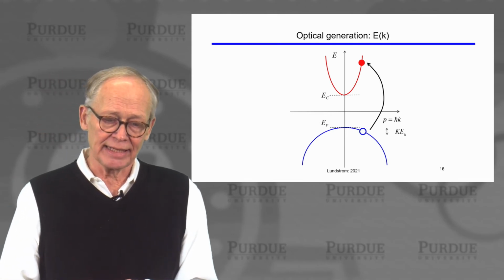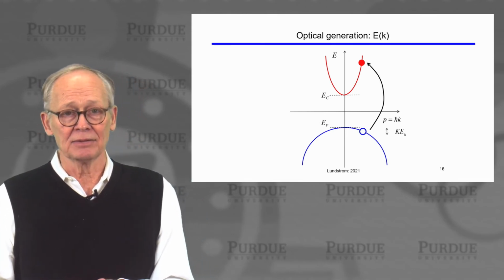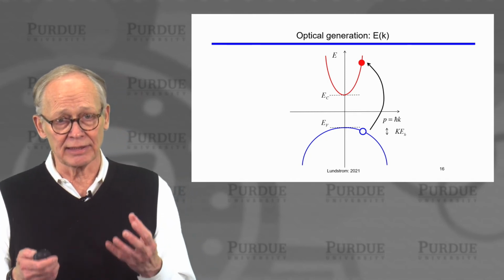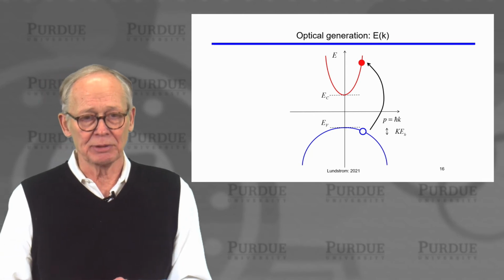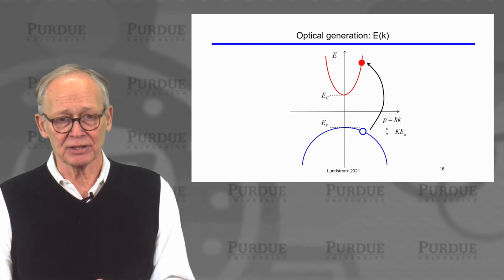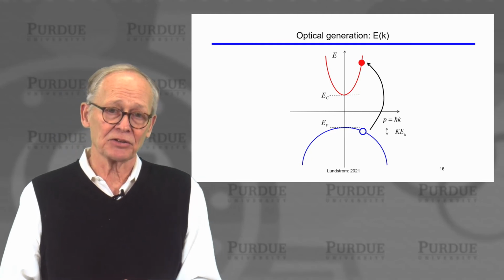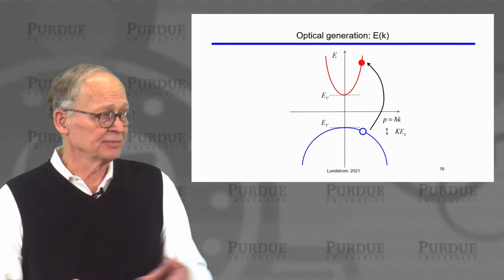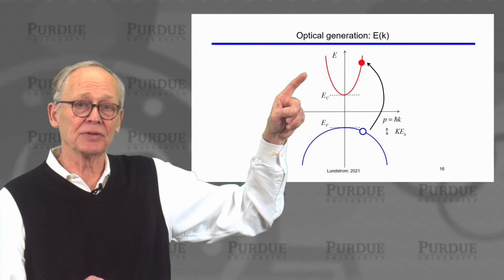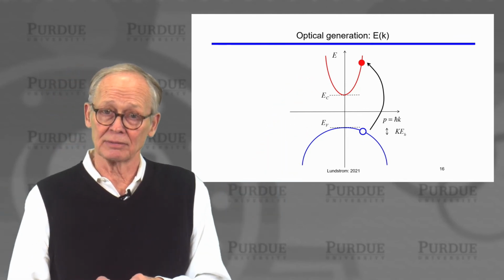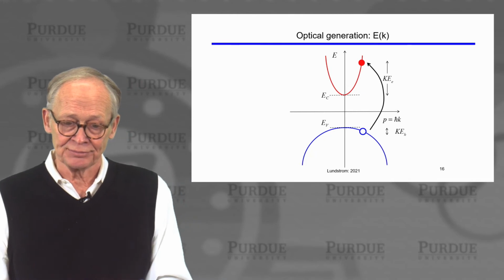Now, when we shine light on a semiconductor, we can move an electron from the valence band to the conduction band and create electron-hole pairs. This would be referred to as optical generation. We're showing it here on an E-k plot. These carriers have a lot of kinetic energy. The electron is far above the bottom of the conduction band. The hole is far below the top of the valence band.